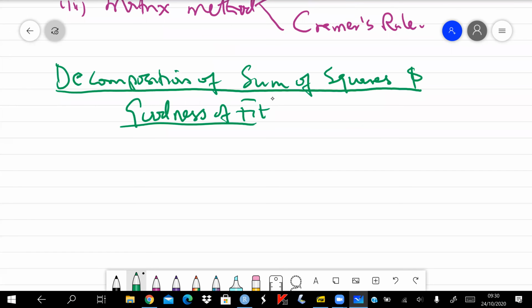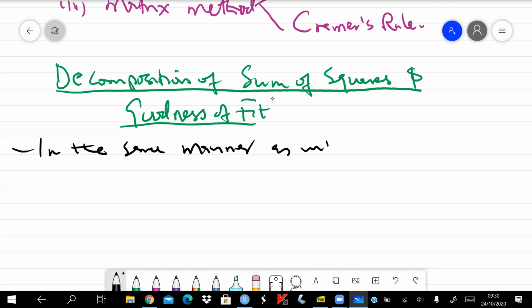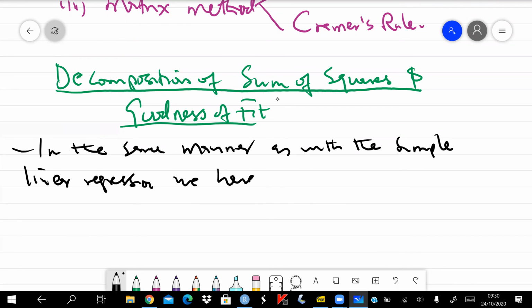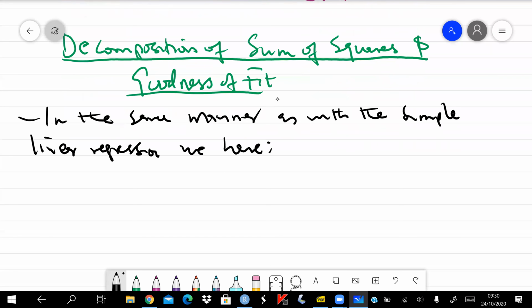In the same manner as with simple linear regression, I'll start by writing it in words.